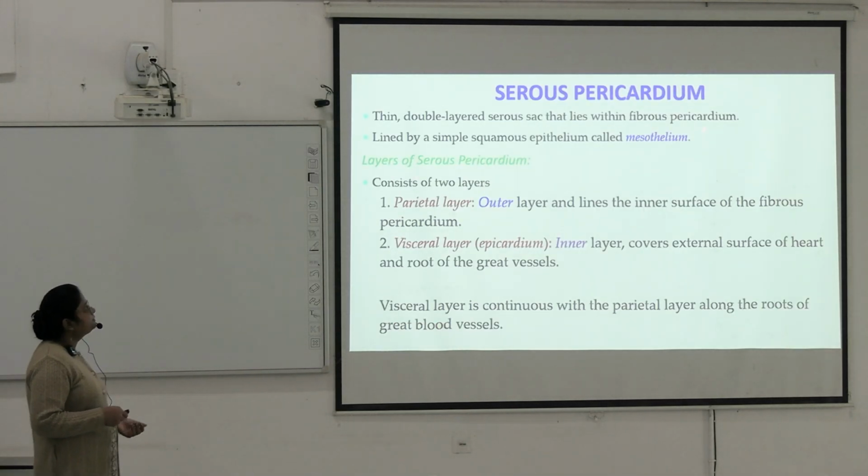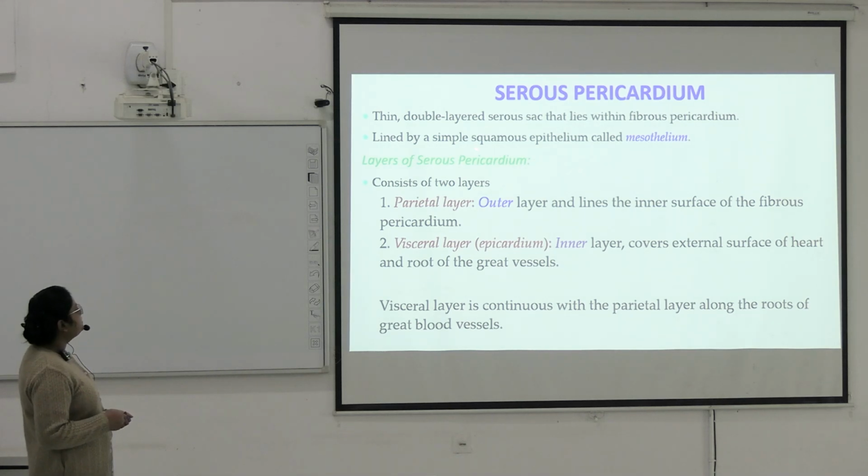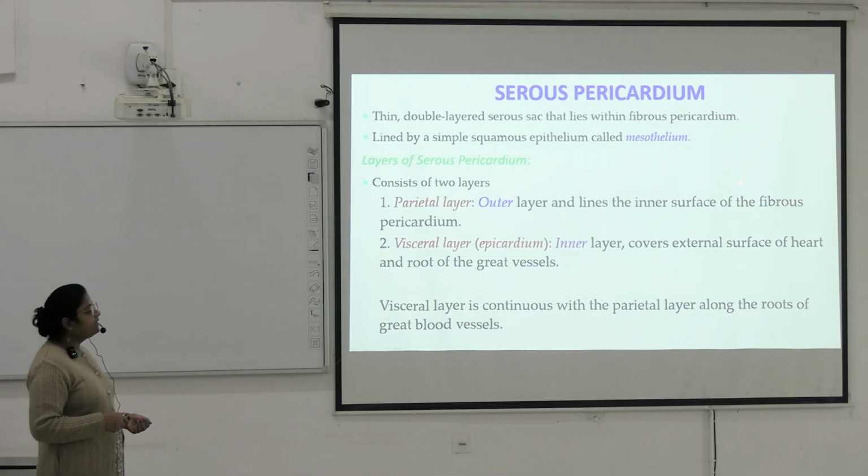Next we go to the serous pericardium. It is a thin double layered serous sac that lies within fibrous pericardium, lined by simple squamous epithelium, also called mesothelium. Layers of serous pericardium consist of two layers you have seen in the previous picture.